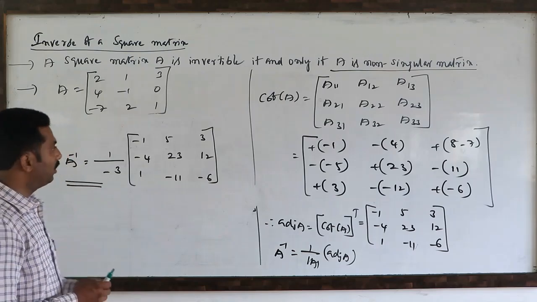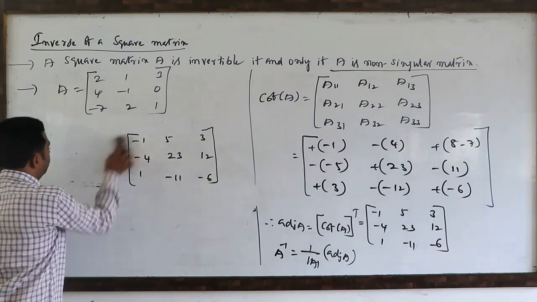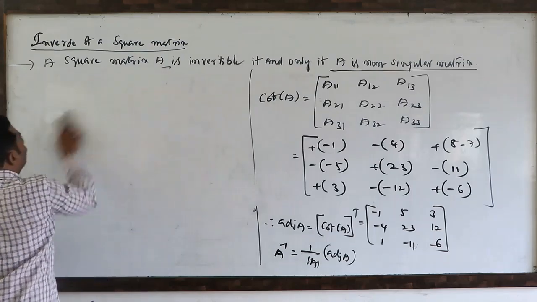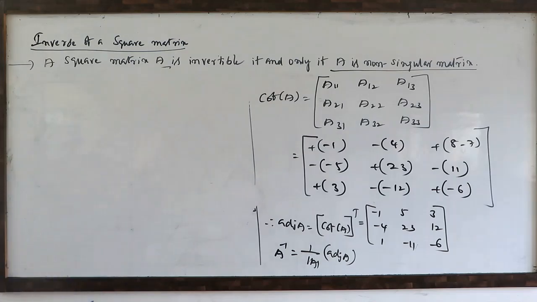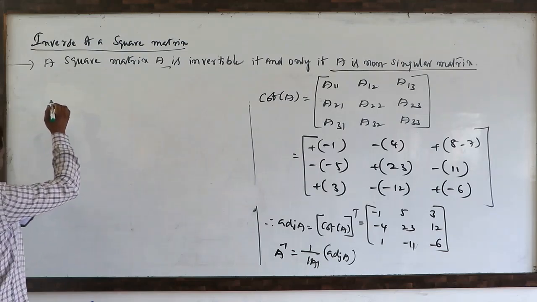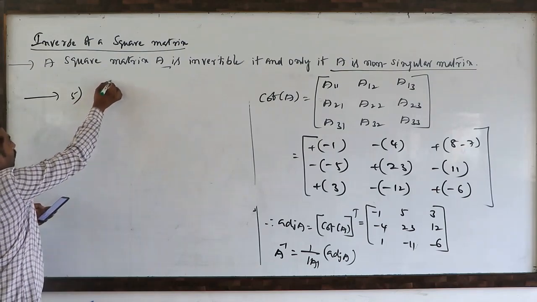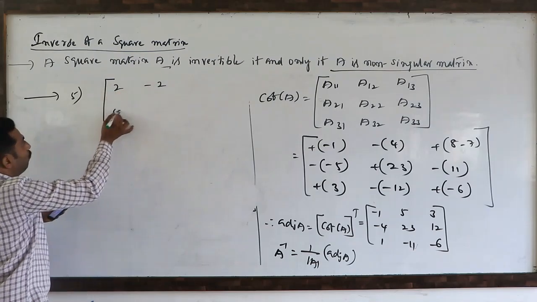Right. Now I will give some questions to solve. Inverse of a square matrix, you have to answer. Same procedure you have to follow. Find the inverse of, in your exercise, question number 5: 2, minus 2, 4, 3.